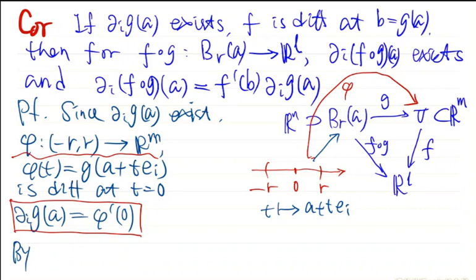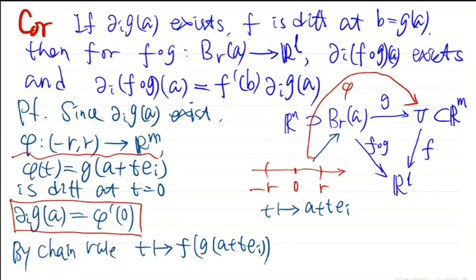Since phi is differentiable at t equal to 0, by the chain rule, the map t to f(g(a plus t e_i)), which is the composition of f and phi at the value t, is differentiable at t equal to 0.